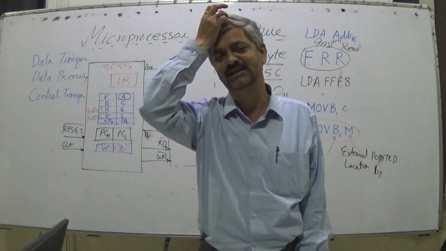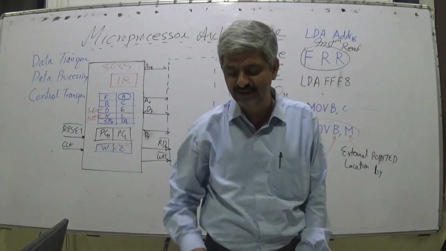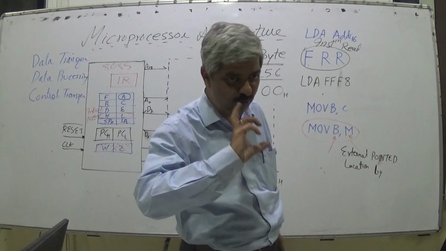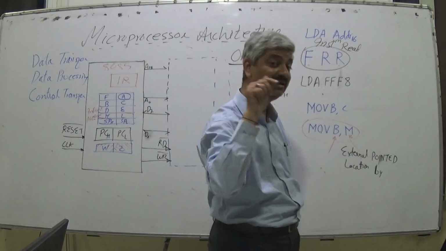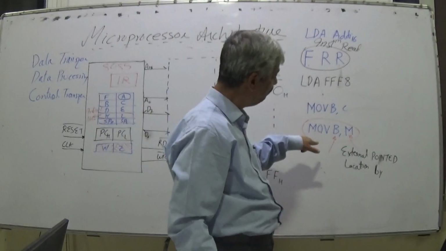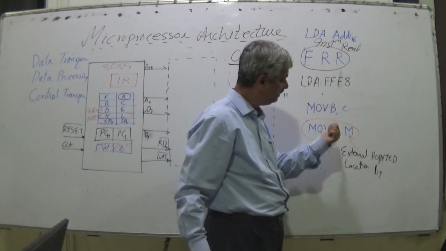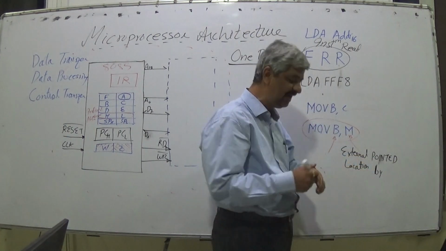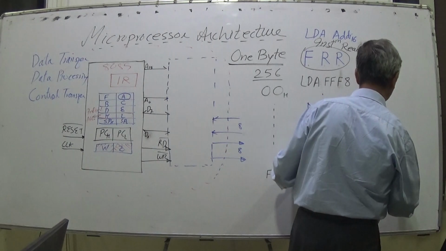You may know that Yashwant Kanetkar has written a book, Pointers in C. So pointing means addressing a variable. So move B, M means move to B the data from the memory location M pointed to by the HL pair.